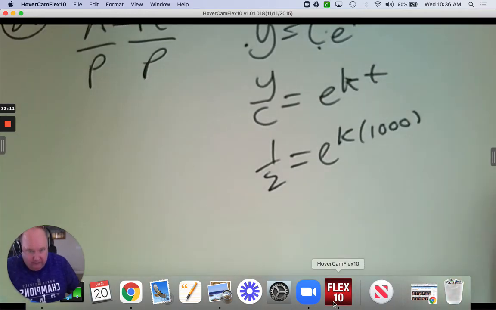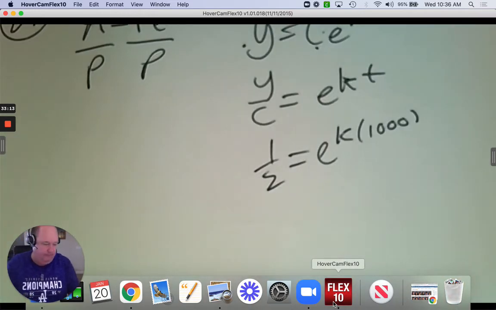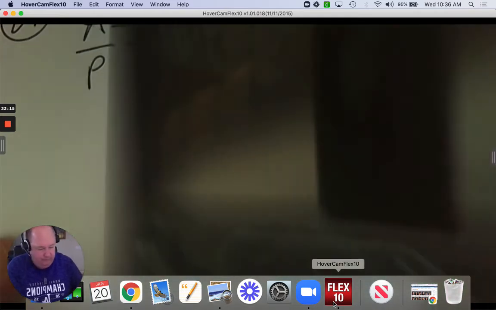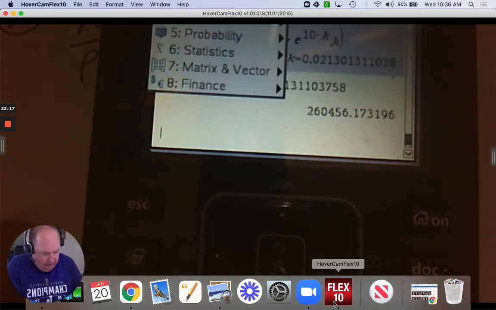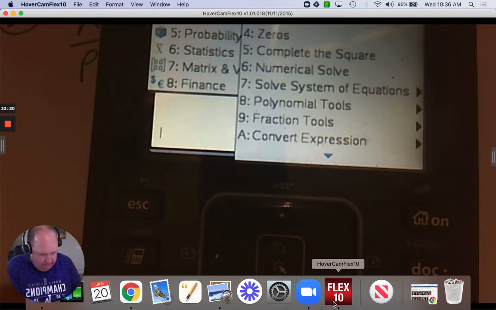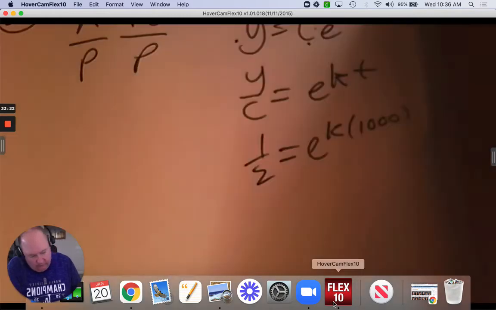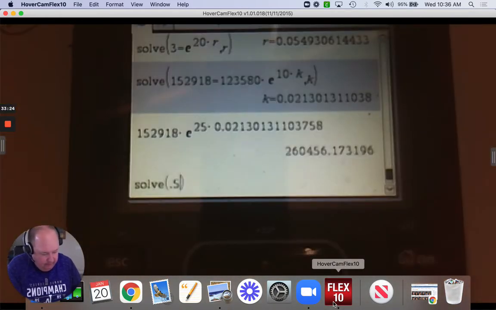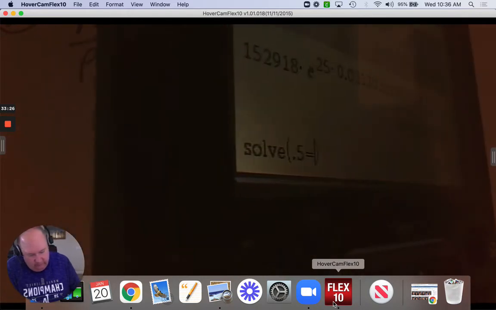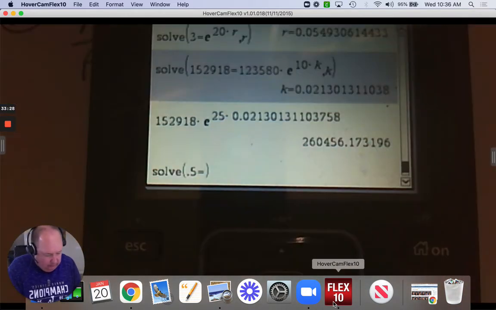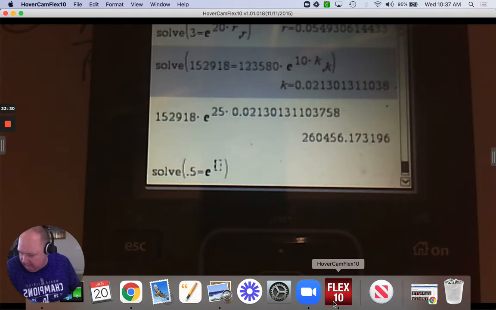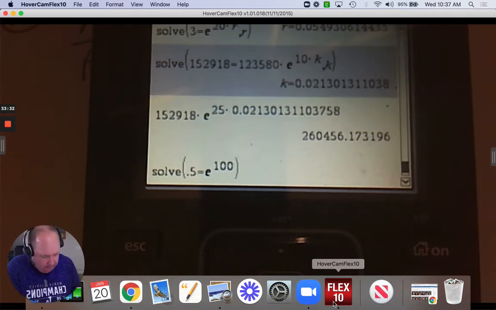Then we're going to save it in our calculator. So again, we're going to go menu, algebra, and then solve it. And then it's, what is it again? 1/2 equals e to the exponent 1,000 k.